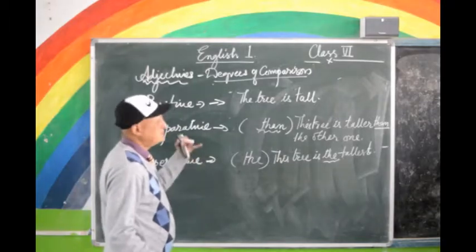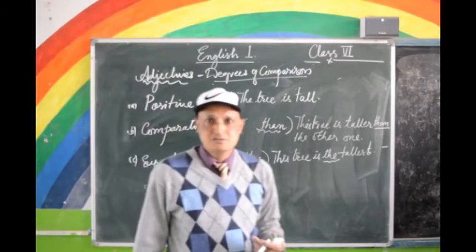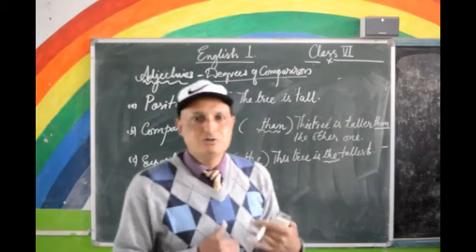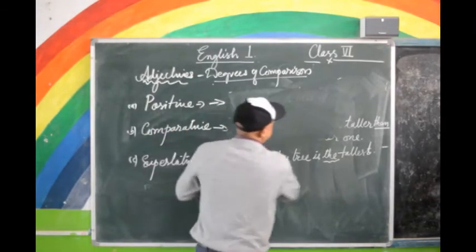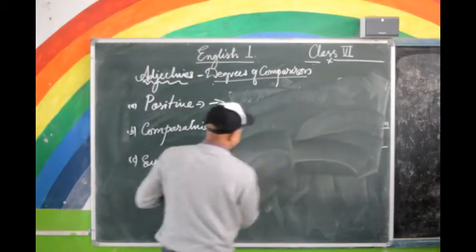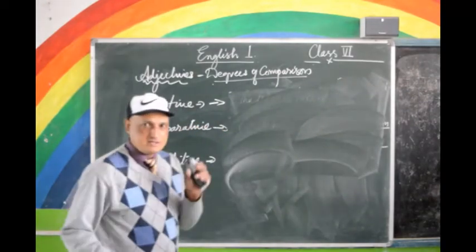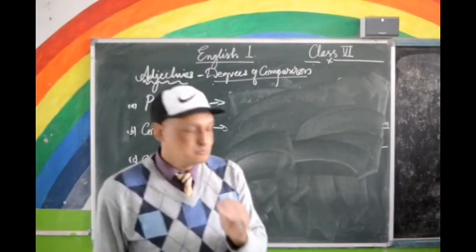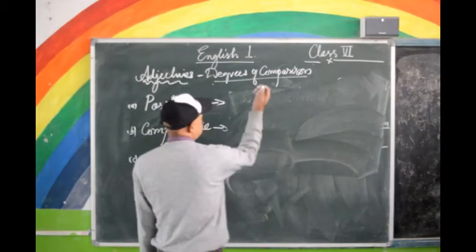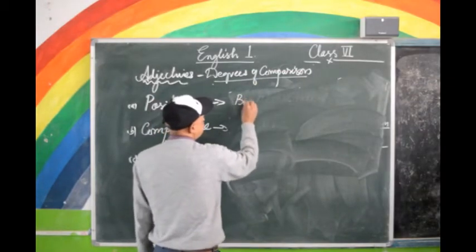And there are certain adjectives for which you have to add more and most in the comparative and the superlative degrees. Let's take one example, beautiful.